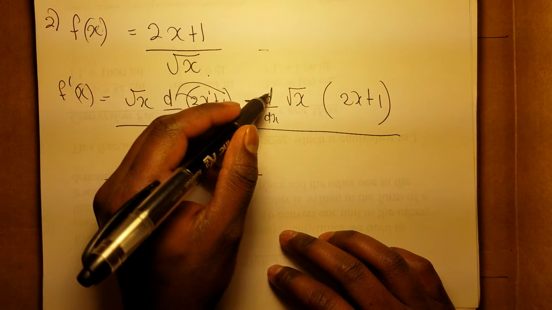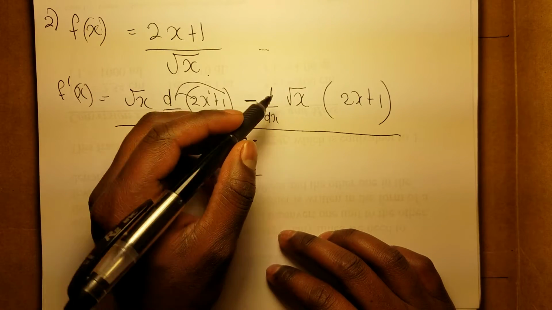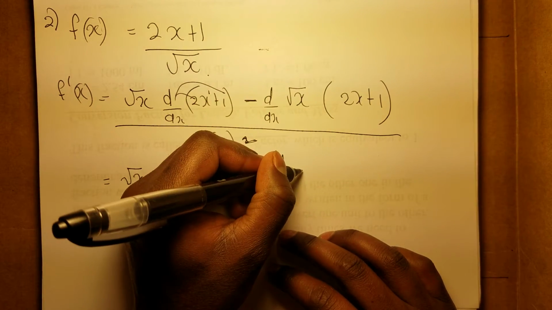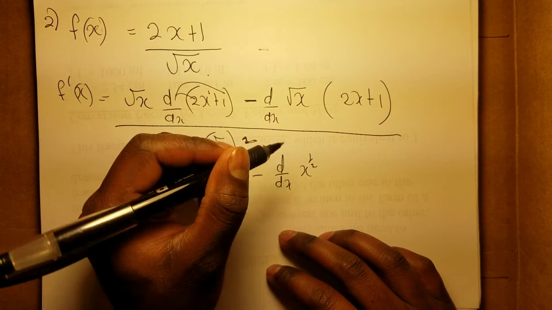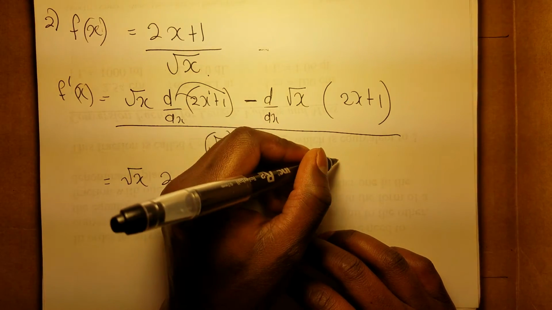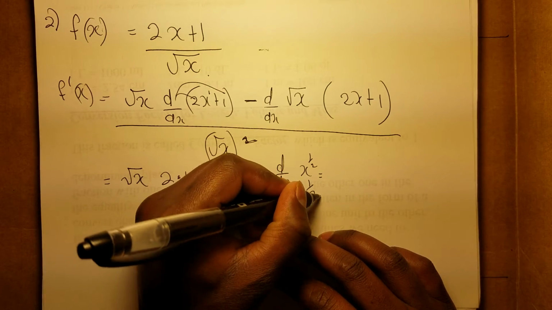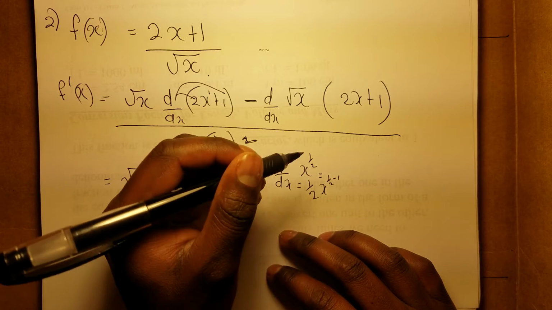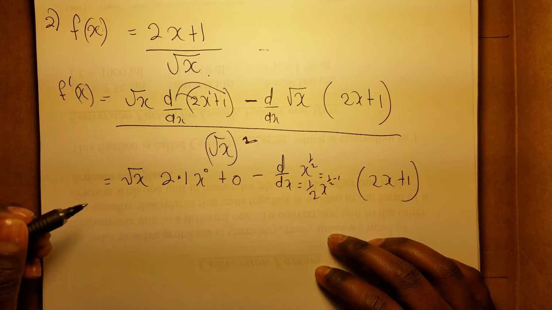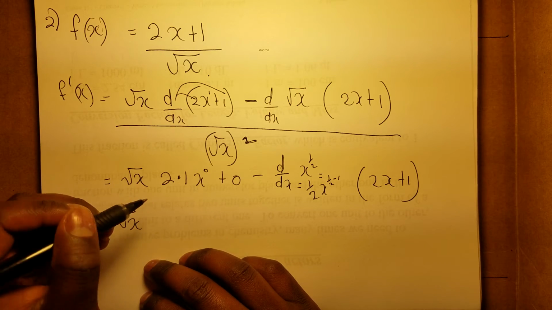So you get minus the derivative of, well, you can rewrite this as x to a half, right? You can write it as that, same thing. So this becomes half x to the half minus 1. See that? And then we write the back term, 2x plus 1. So now you clean it up, you get the square root of x, 2 by 1 is 2, x to the power 0 is 1.